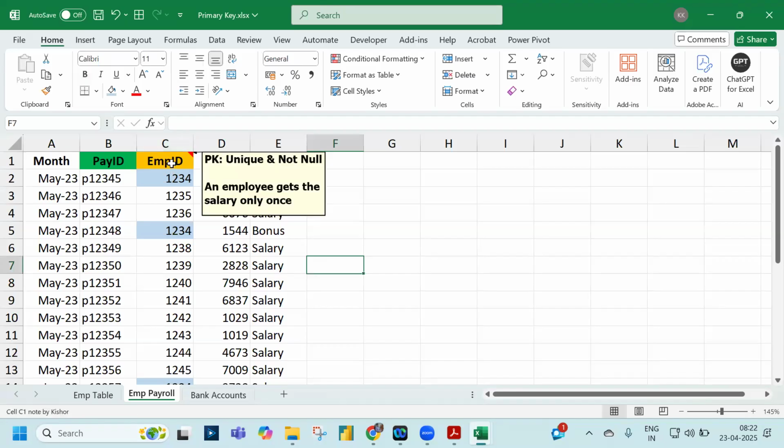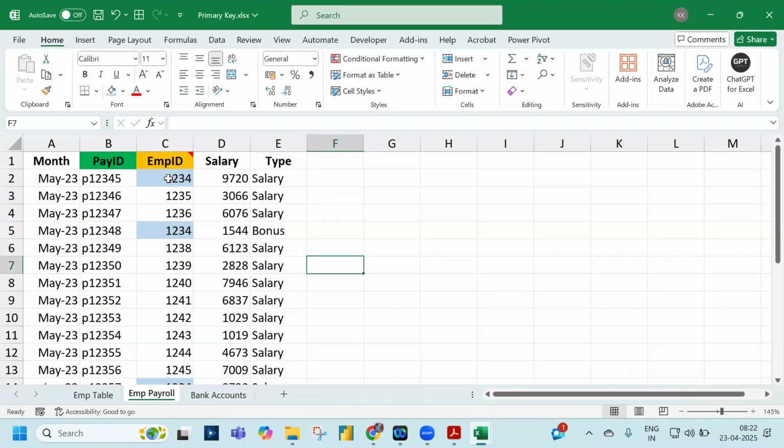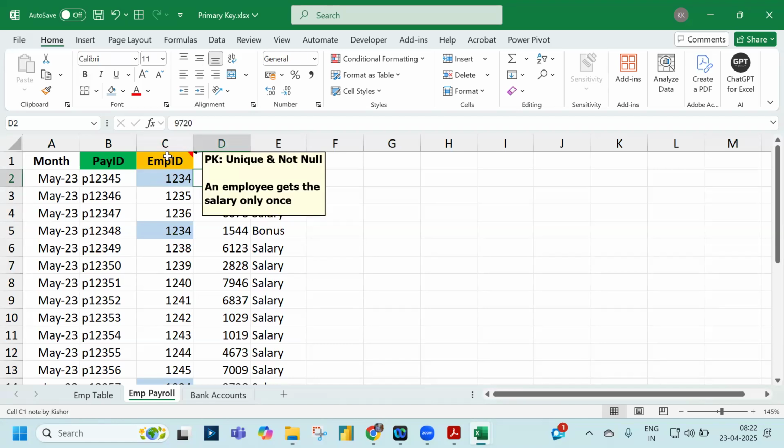Would anyone like to join this kind of company? On a lighter note, I'm asking. So in the entire career, the salary gets processed only once. Why? Because we marked this as a primary key here. Understand something: if it sounds unique and not null, don't think it's always a primary key.